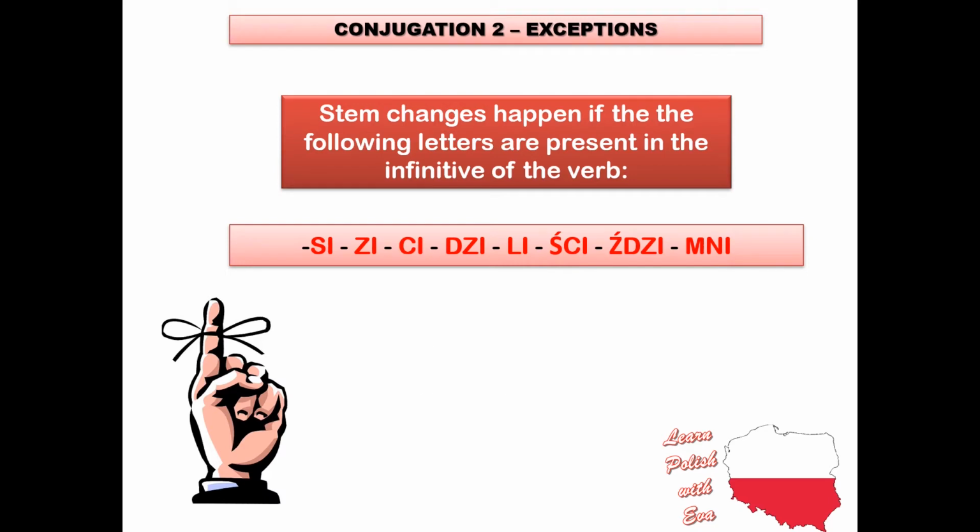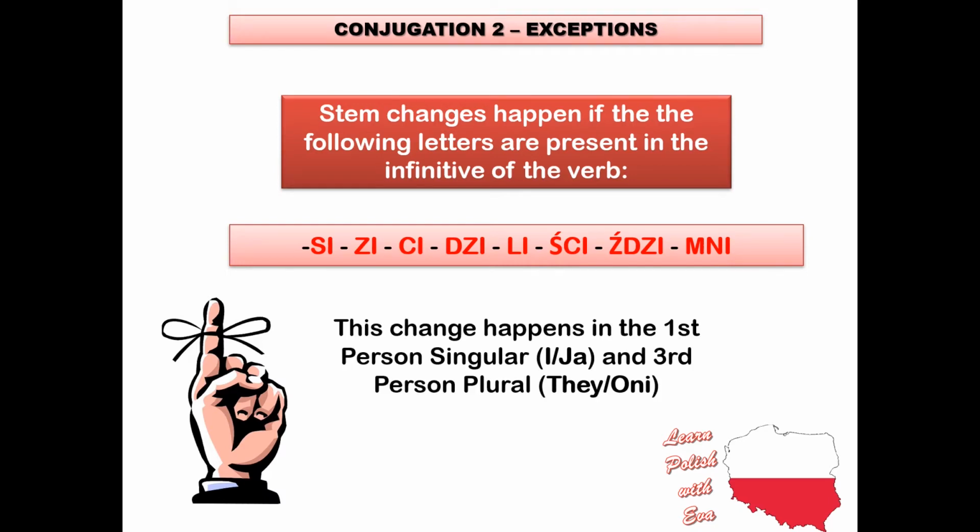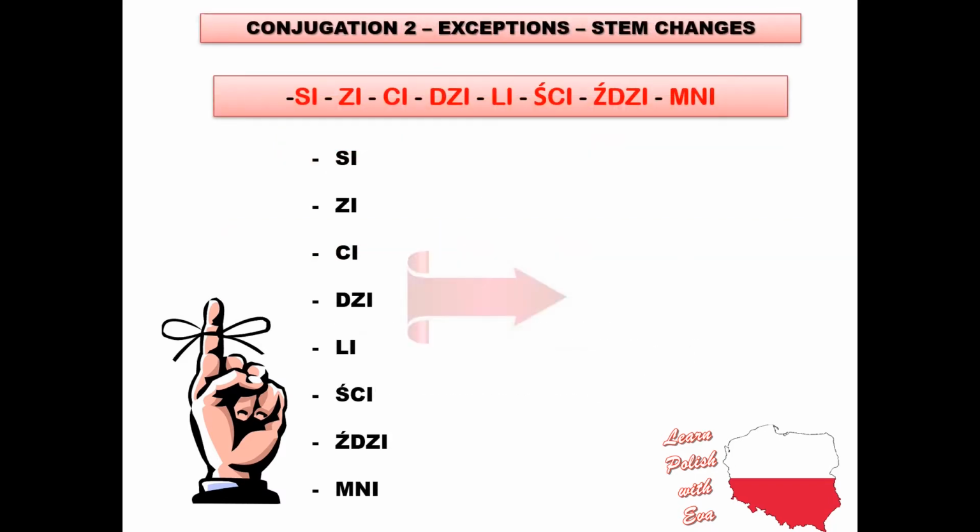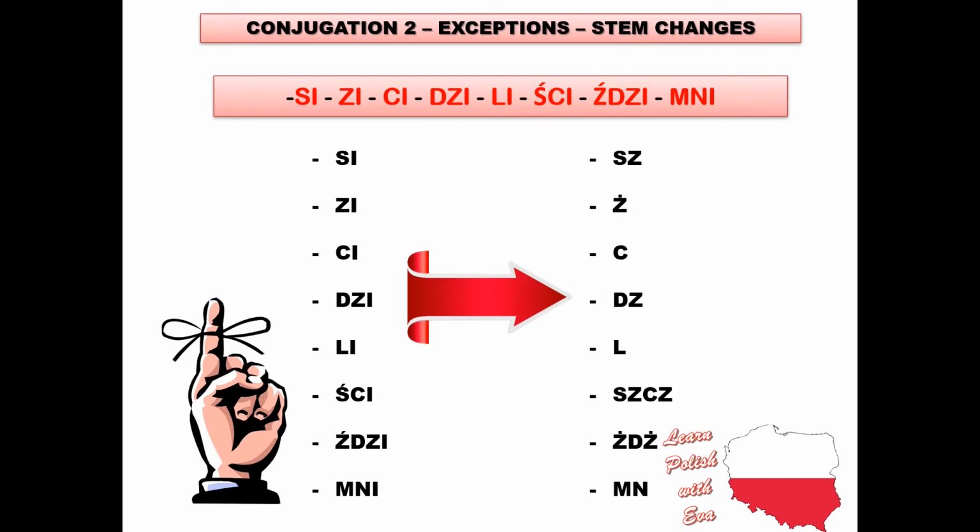Okay? And these changes happen in the first person singular, I, ja, and the third person plural, they, oni. Each letter marked in red will change to the following on the right-hand side. So si changes to sz, zi changes to ż, ci changes to c.